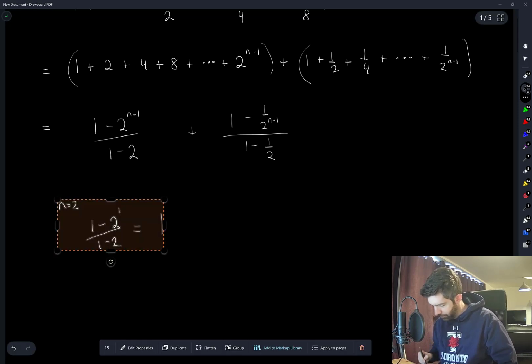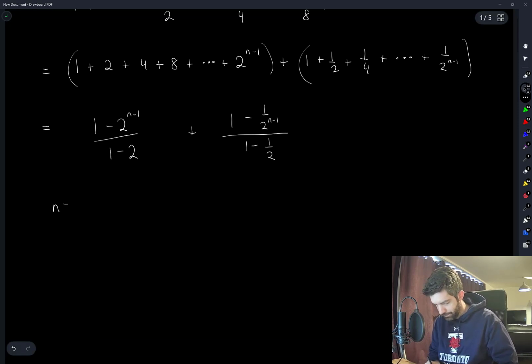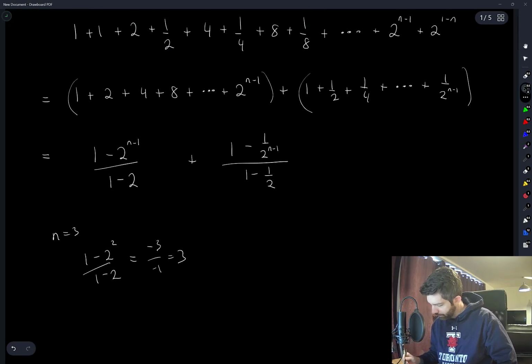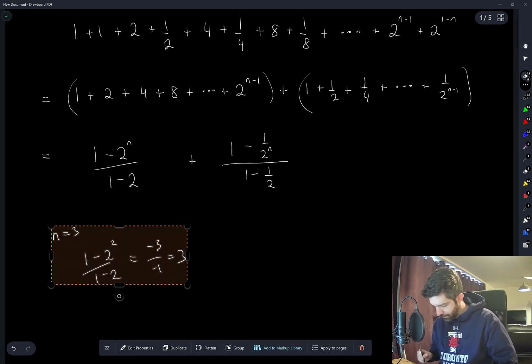Let me substitute one more value of n to make sure. Yeah, so when n is equal to 3, I should get 7. So it looks like I don't need to subtract 1 like that.